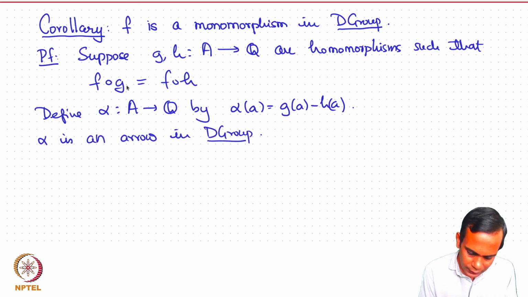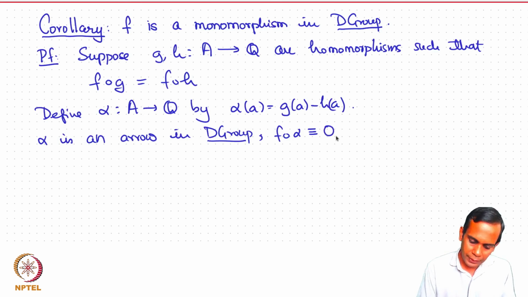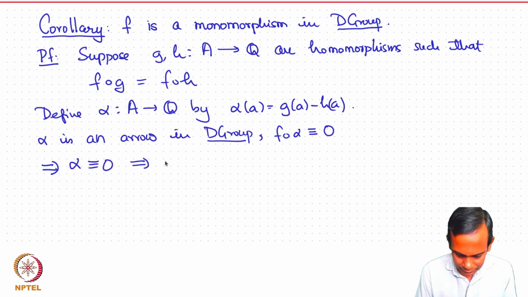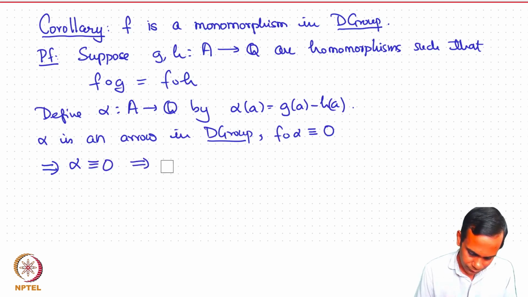And what we have is, because f circle G is equal to f circle H, f circle alpha is identically equal to 0 as a homomorphism from A to Q mod Z. But this implies by the previous lemma that alpha is identically 0 as a homomorphism from A to Q. But that's the same as saying that G is equal to H.